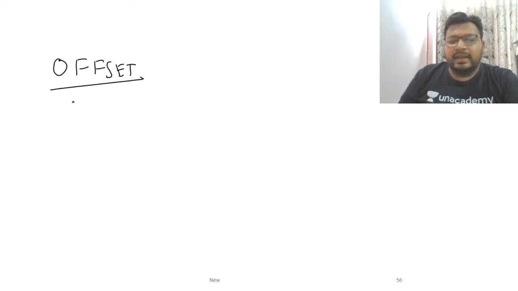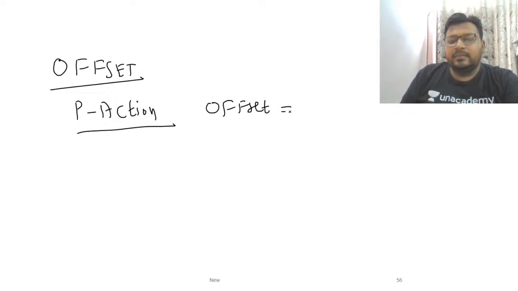Now if we talk about offset, guys, then for the P action, offset is non-zero. Okay.